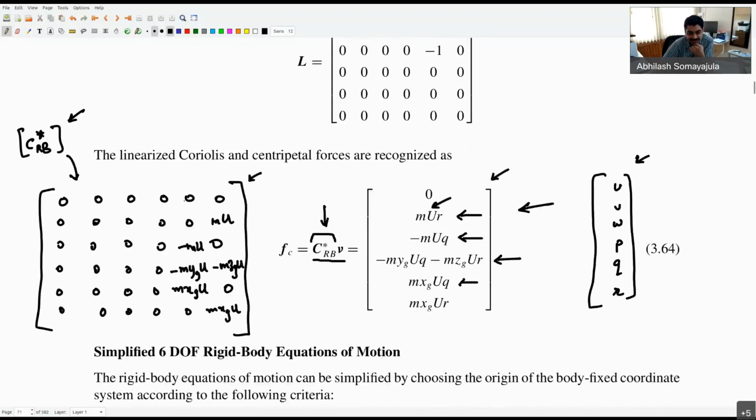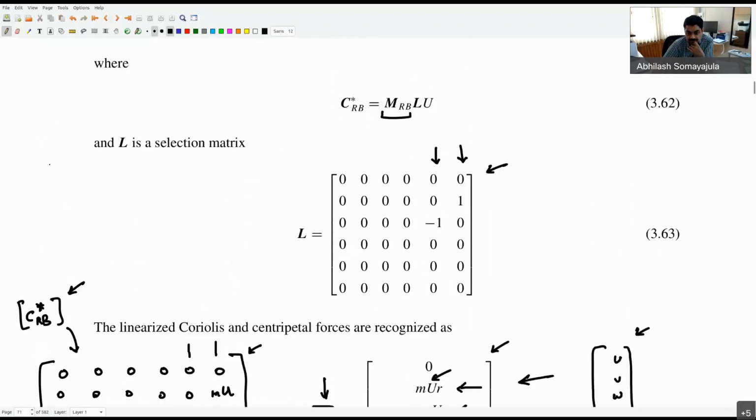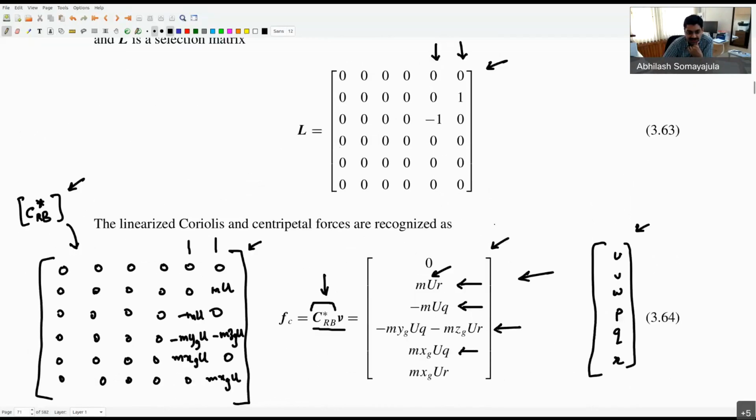That is why you will see things are only happening here and here. It's not very difficult to see that if I take my mass matrix and multiply by this L matrix, I should get my CRB matrix. Everybody with me so far? This is something which you can verify. I encourage you to do it. It's actually not a very difficult multiplication, so you might as well try it out and see what is going on.